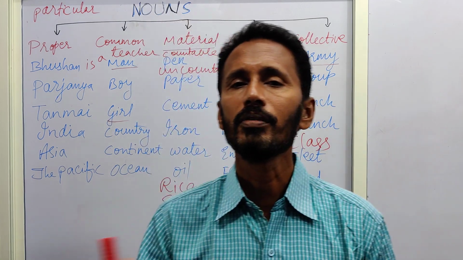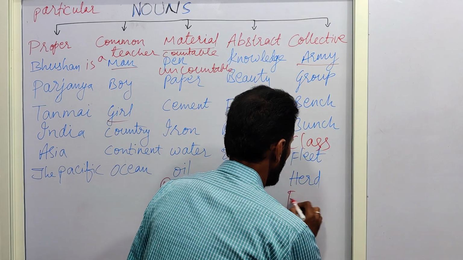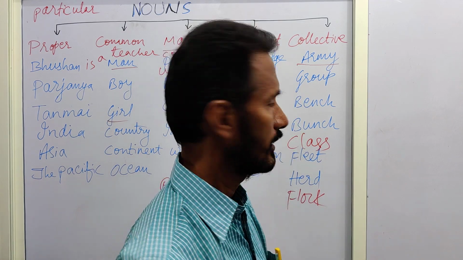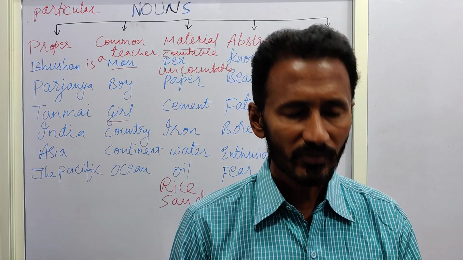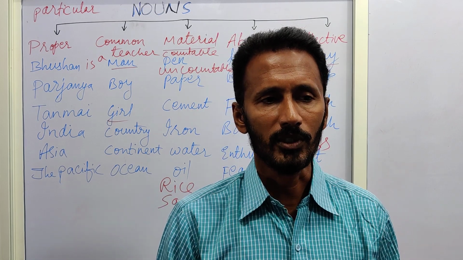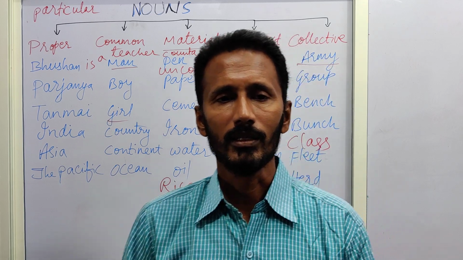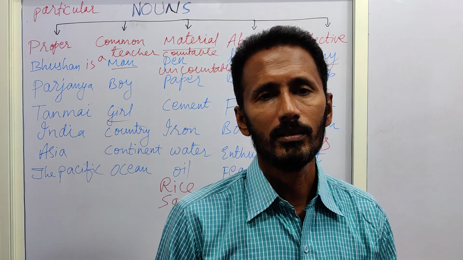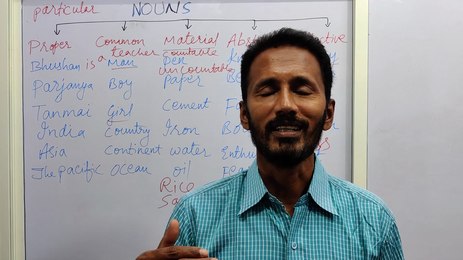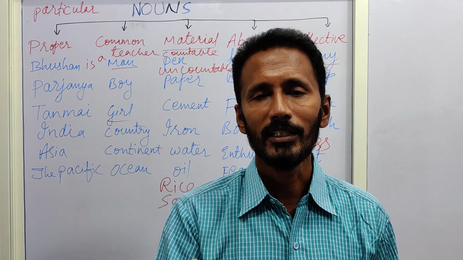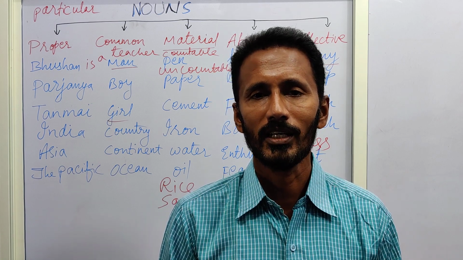Next, a herd of cattle, a flock of sheep. In this context we have to use this collective noun. And one more thing I would like to say. For example, some 5 or 6 ladies go to some temples or praying centers, or sometimes go in search of a bride or a bridegroom on an auspicious date, at an auspicious time.